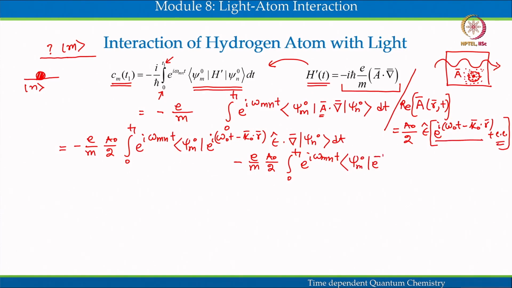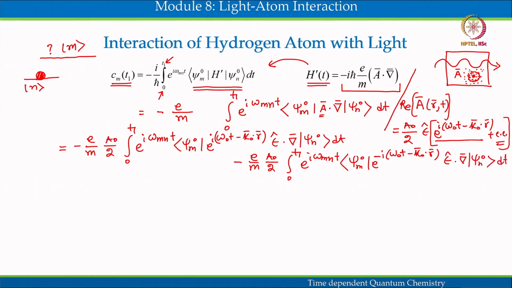So it is going to be now minus i omega naught t minus k naught dot r, then epsilon, this omega naught n0 dt.